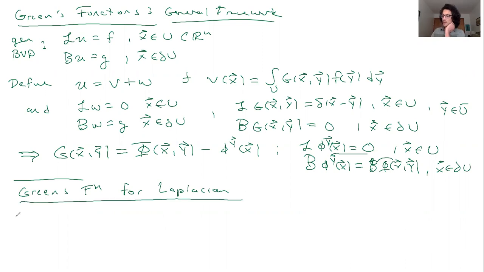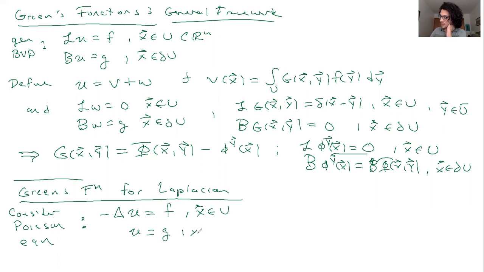Okay, so in general, let's consider the Poisson equation, just −Δu = f, x lives in U. And then let's take a Dirichlet boundary condition, which could be non-trivial.